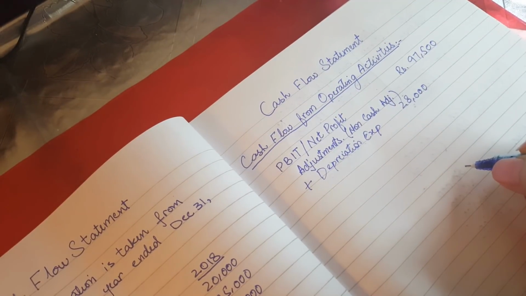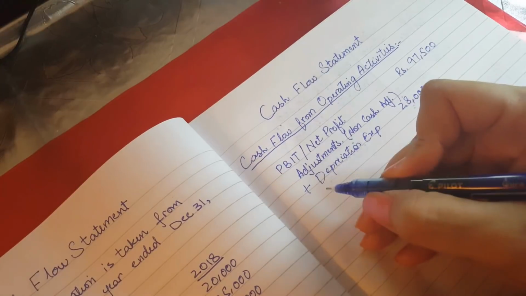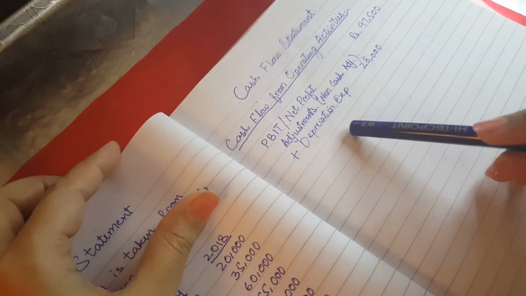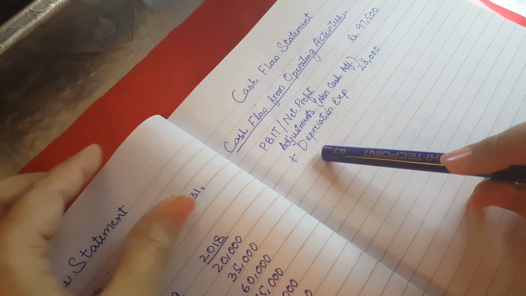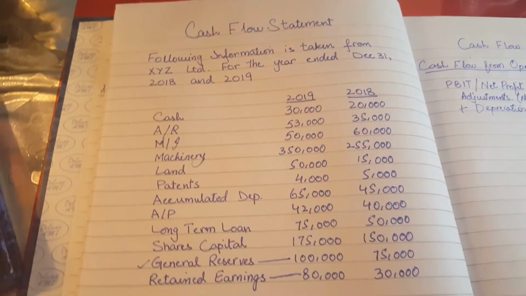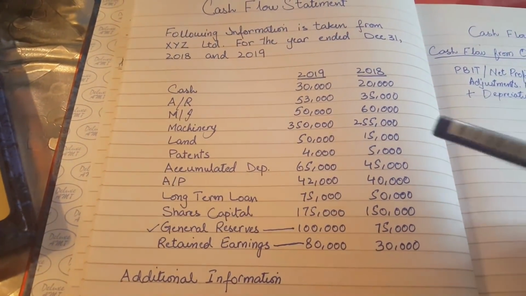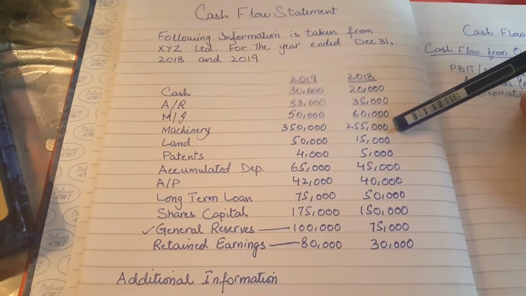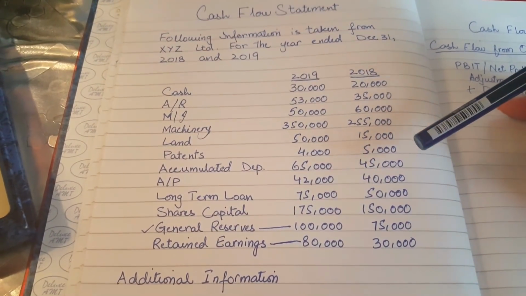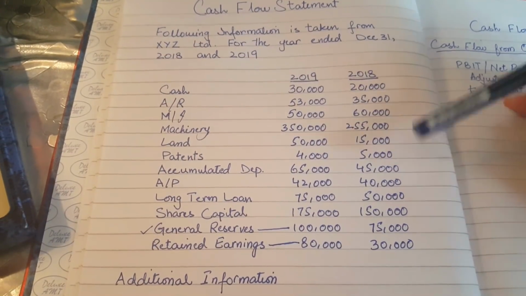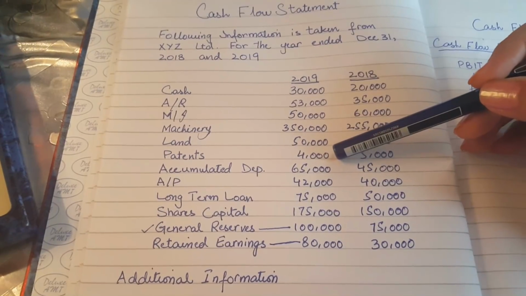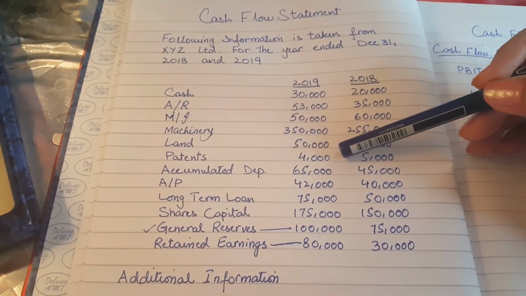Okay, moving on to the next non-cash item, it is patent. So guys, the next entry for our non-cash item is patent. When we look at the information given, we see that patents are decreasing. For 2018 its value is 5,000, whereas for 2019 the patent's value is shown as 4,000.